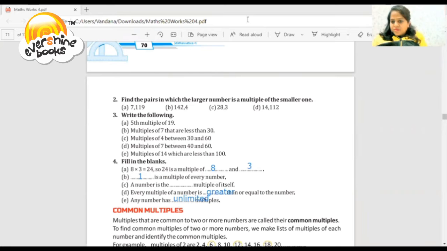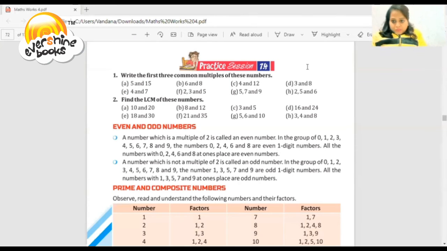Okay? Yes. Now students, it's your exercise 7.4. Write the first three common multiples of these numbers. So you have to write the multiples of these numbers 5, 10 and 15. Three multiples and then 15, 30 and 35. So find out the common multiples of these numbers.